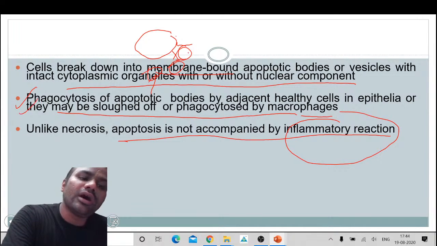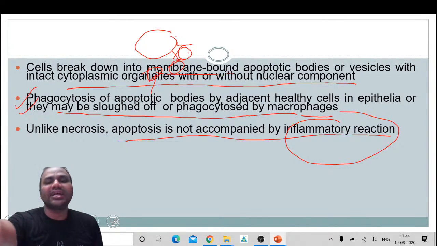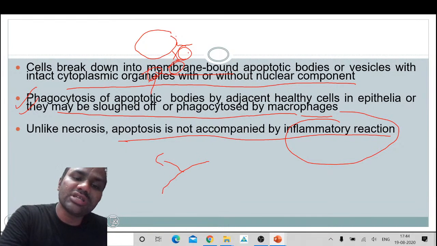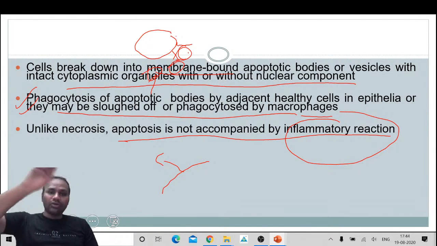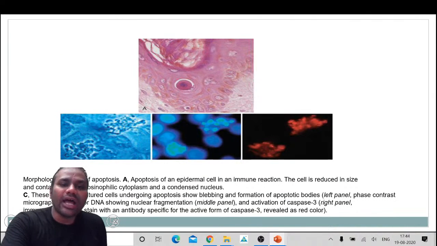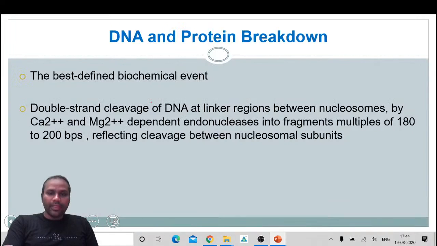We know an eat me signal is generated by an apoptotic cell: as I already said, phosphatidylserine moves to the outer membrane, and that gives the eat me signal, which helps the adjacent cell to eat it, or macrophages will phagocytose it. This is an example of an apoptotic body, the morphological figure.